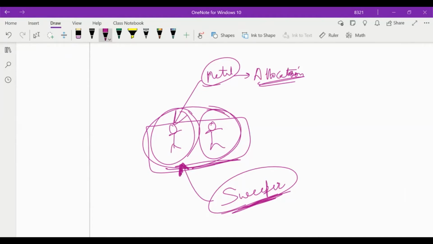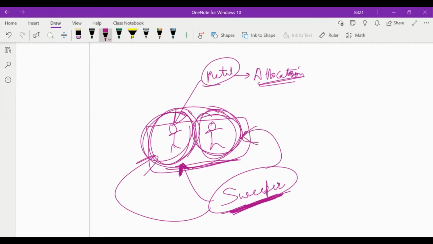Because he is contributing to the production of these toys. That means whatever cost is incurred in hiring the sweeper should be because of these toys, right? Indirectly. How much can we allocate? How much can we actually charge on these toys is known as absorption.